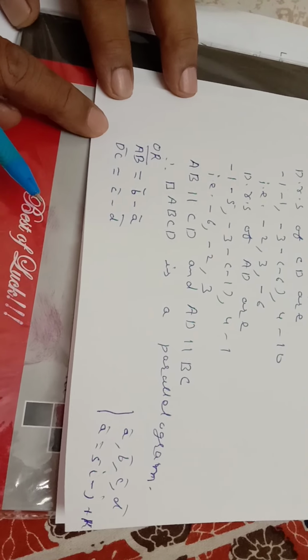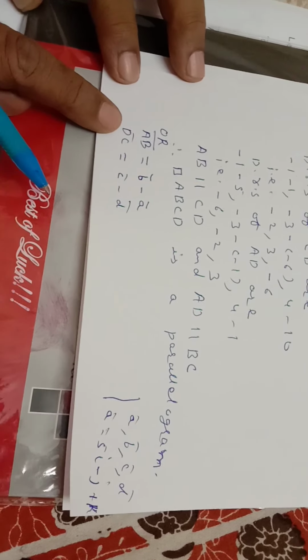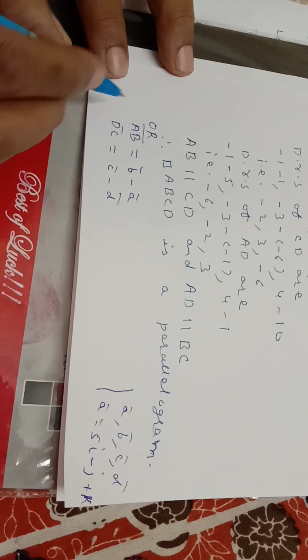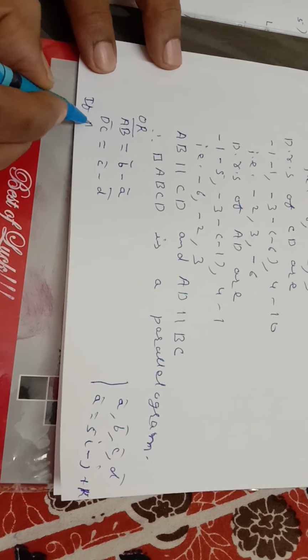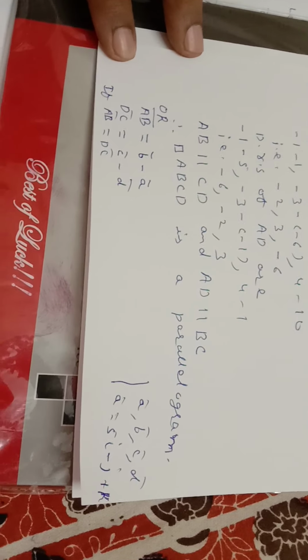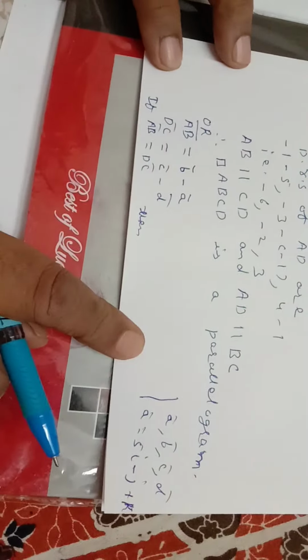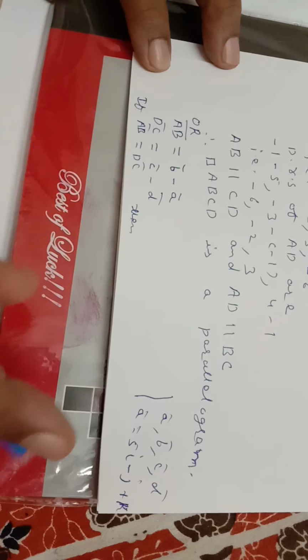So we get two vectors. And if two vectors are equal, then magnitudes are equal. It means that AB equal to DC.